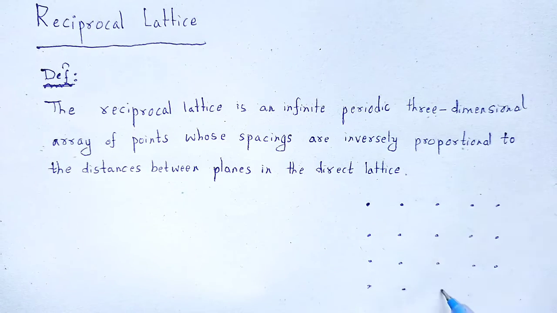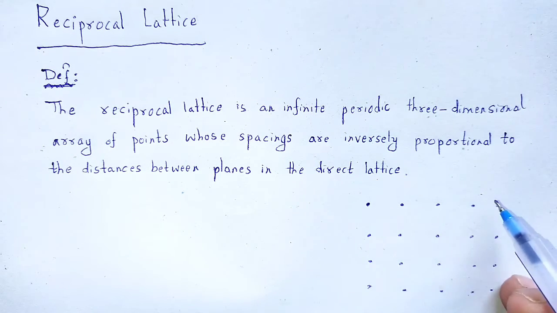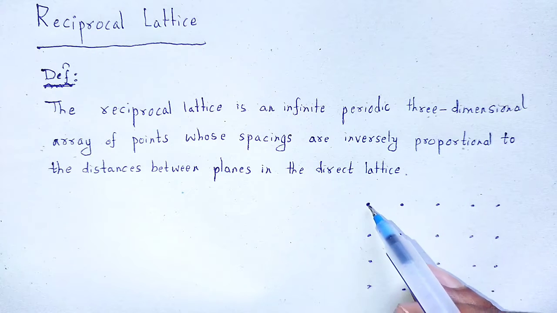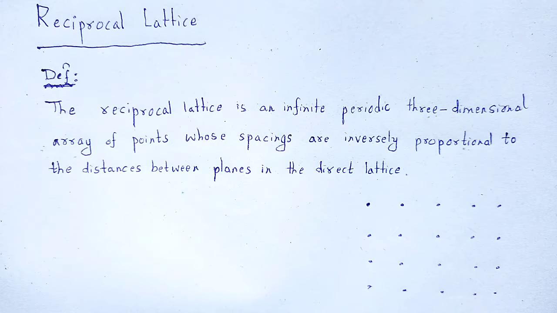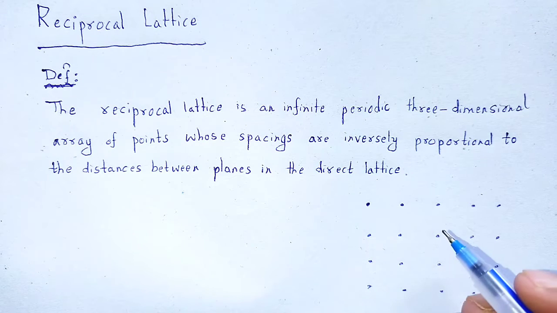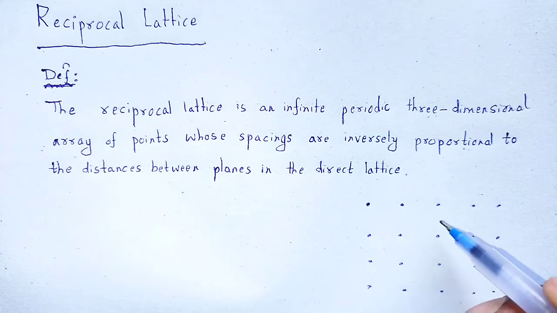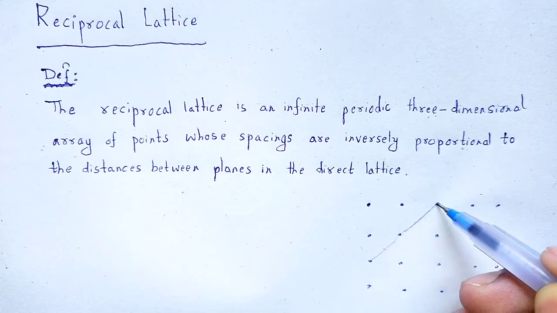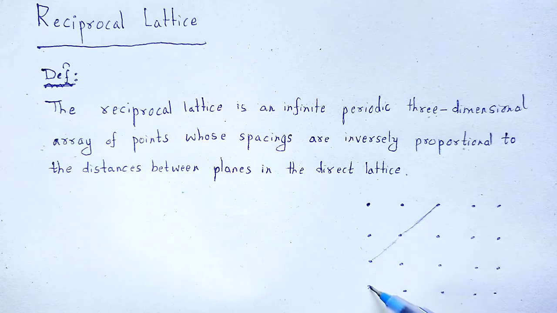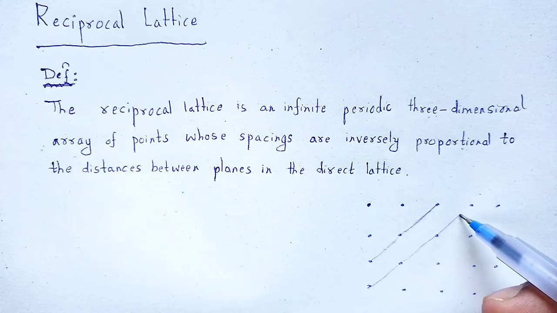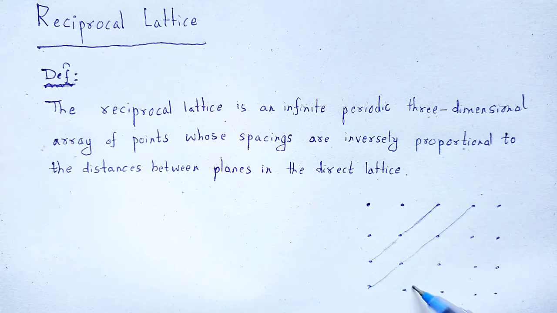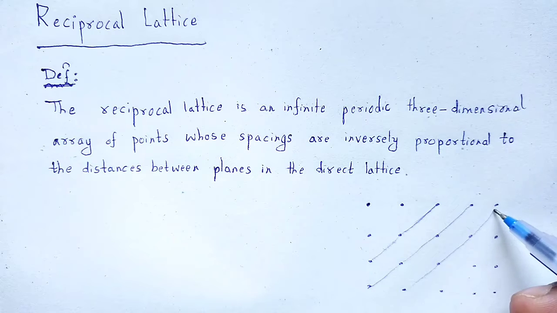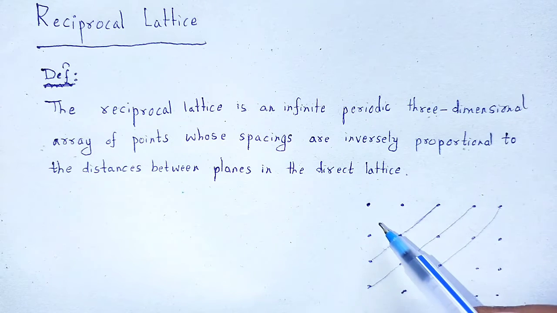The array of points in space having equal surroundings is the space lattice. In a particular crystal, the space lattices are arranged in any way.